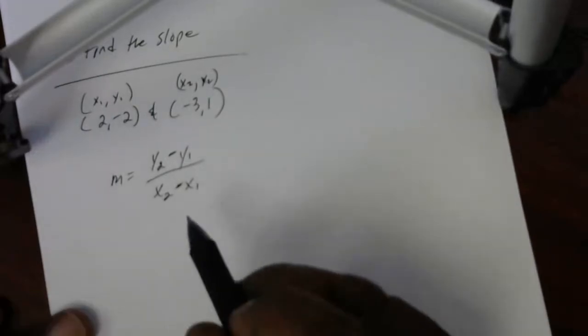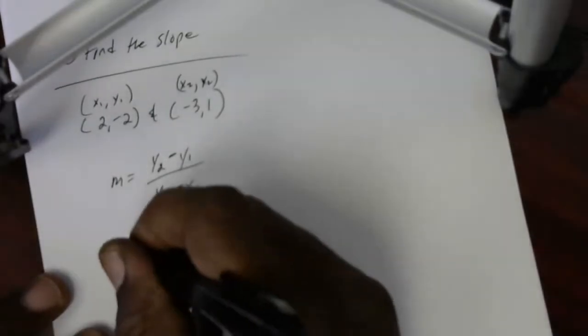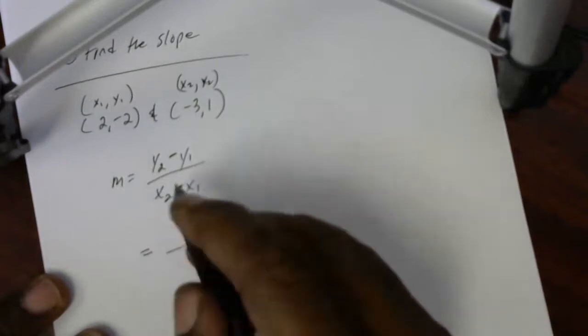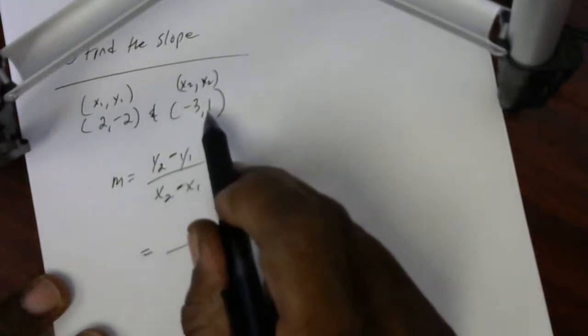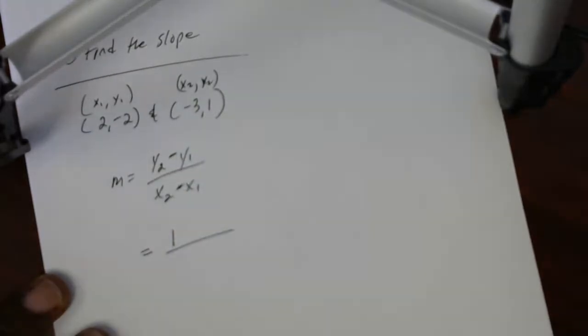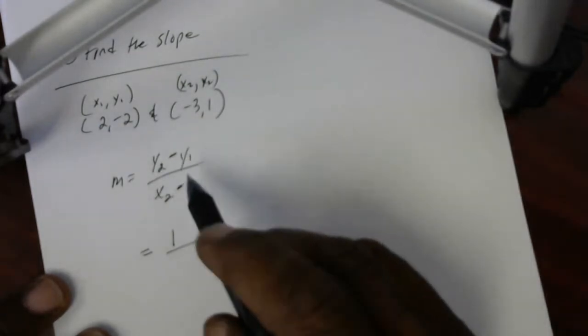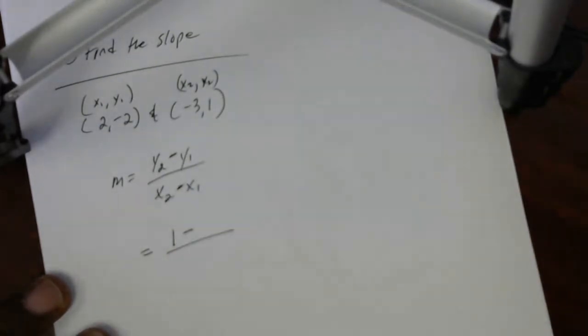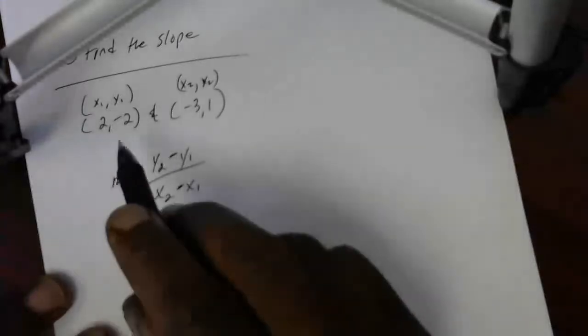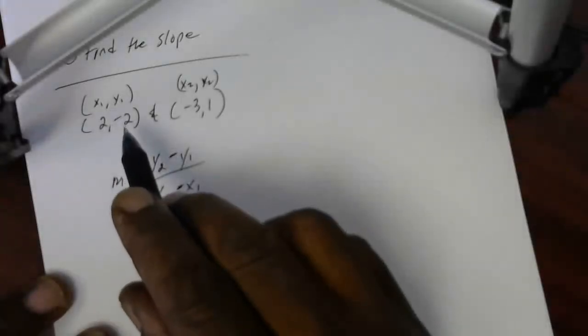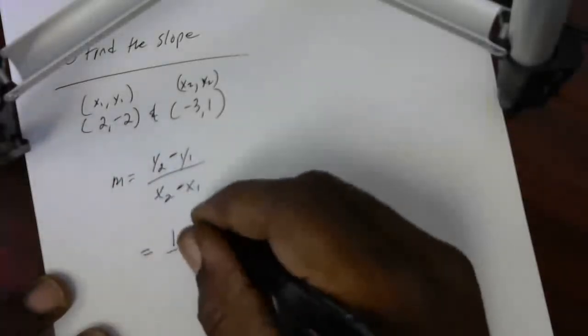And we will substitute. So y sub 2 is 1 minus, because that's a part of our formula, y sub 1, which is a -2.